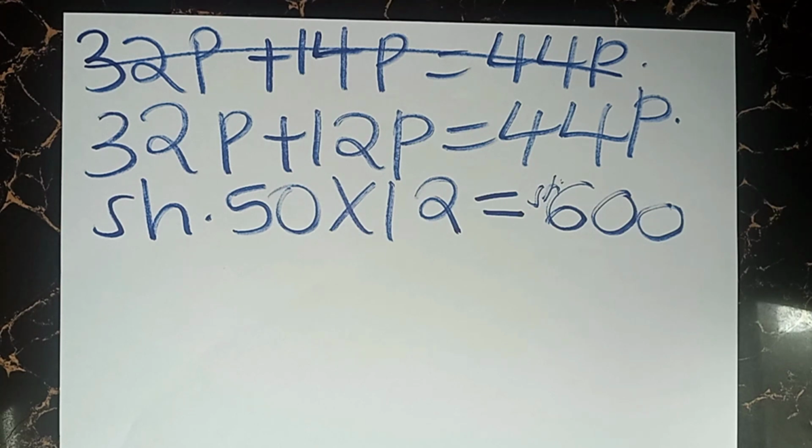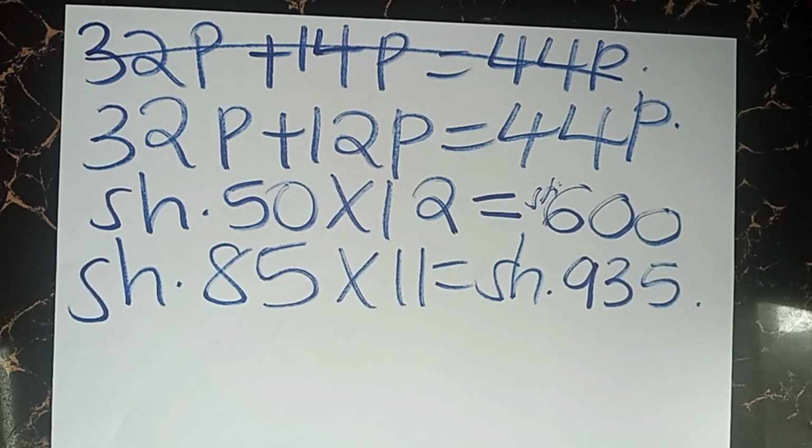So they each paid 85 shillings because they traveled from the starting point to the final destination. To know how much they paid, we'll multiply the 85 shillings that they each paid times the number of passengers, which is 11. So these 11 passengers paid a total of 935 shillings.